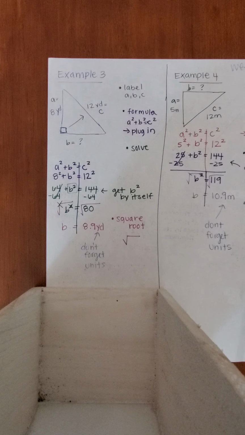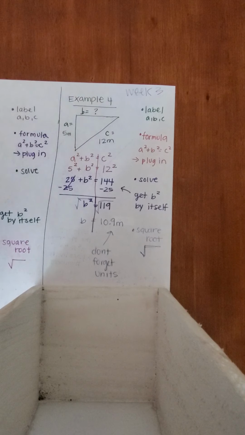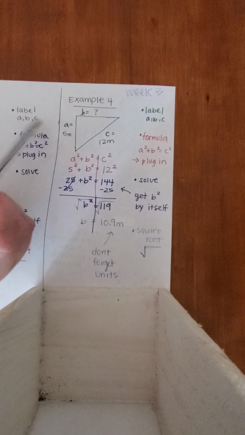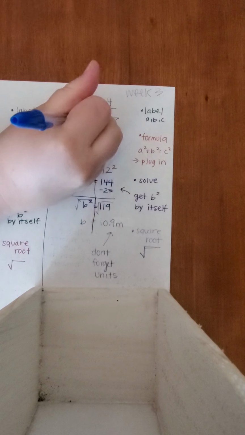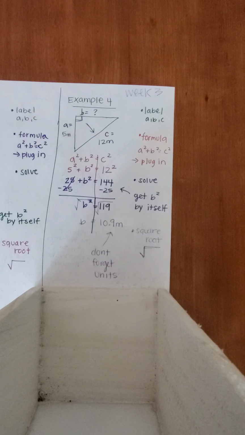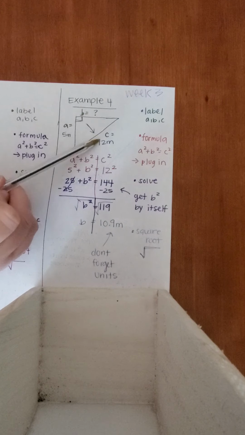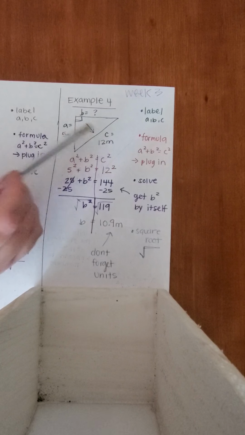Last question. Example 4. Just like example 3, we're doing example 4. We got our triangle. Remember, always across from our square is our C. So we got A, B, C. If you did A, B, C, totally fine.